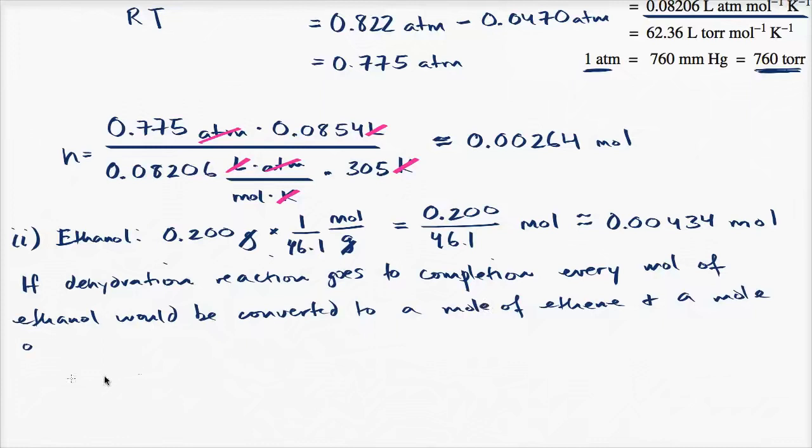I shouldn't write the shorthand there. If I'm writing it out, a mole of ethene and a mole of water.